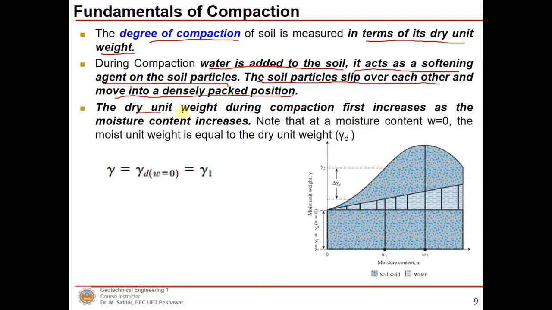Now, the dry unit weight during compaction first increases as the moisture content increases.